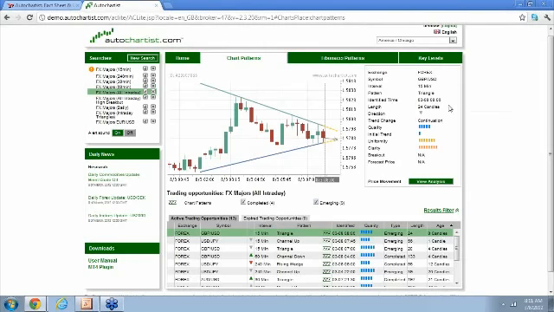Also, you want to note the length of the pattern. This is 24 candles. It took 24 candles to form this triangle. That's a relative term. Traditionally, in technical analysis, the more time you spend inside of a pattern, the greater the volatility.